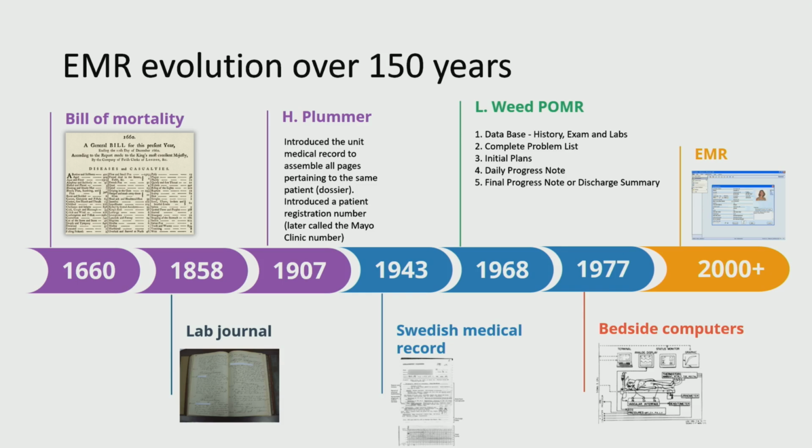Later, that progressed to something we can call a lab journal, and that was before modern EMR. The patient went to a physician, and the physician had a little note in their own journal which explained what's going on with the patient.